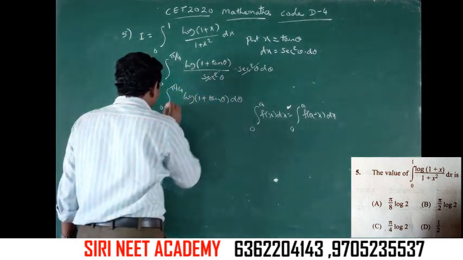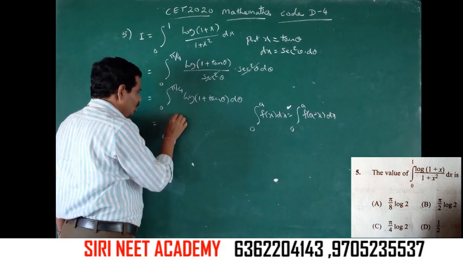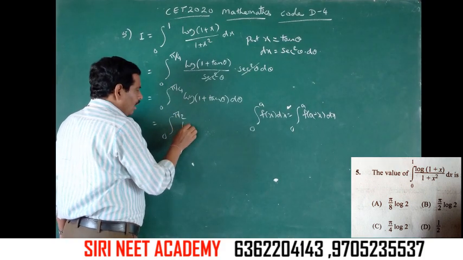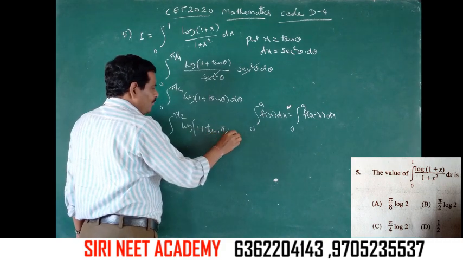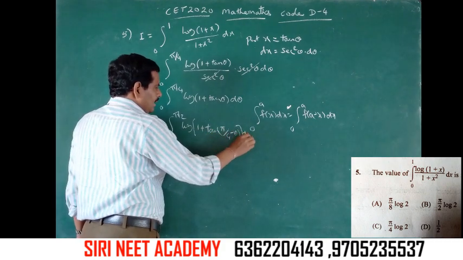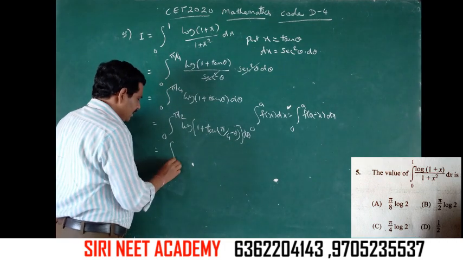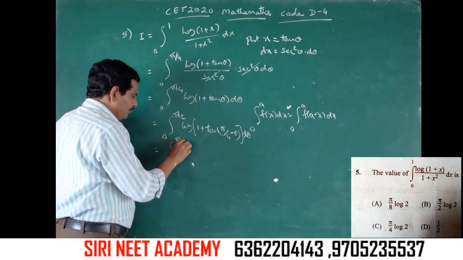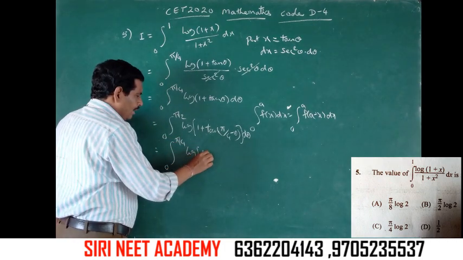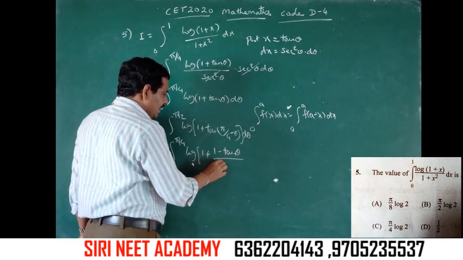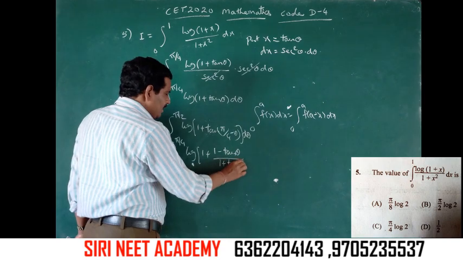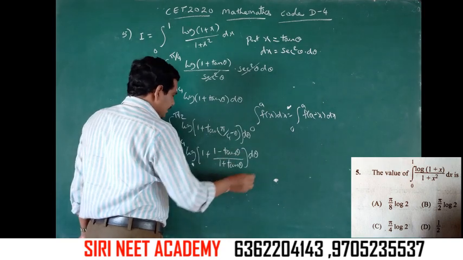Here a is pi by 4. So integral 0 to pi by 4 log(1 plus tan(pi by 4 minus theta)) d theta. That is equal to integral 0 to pi by 4 log(1 plus (1 minus tan theta) divided by (1 plus tan theta)) d theta.